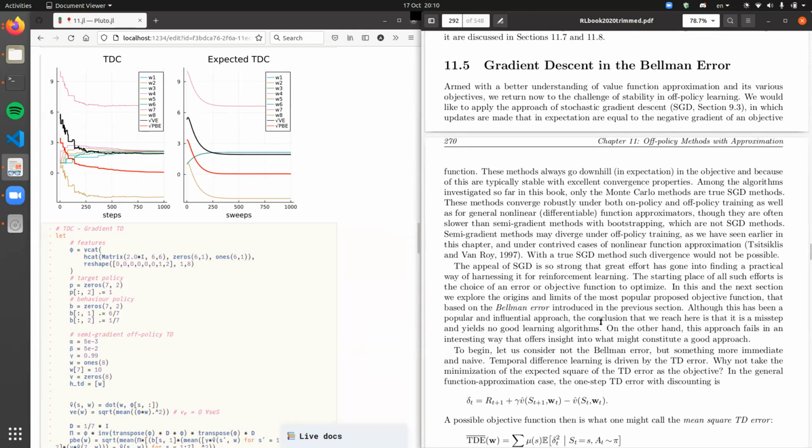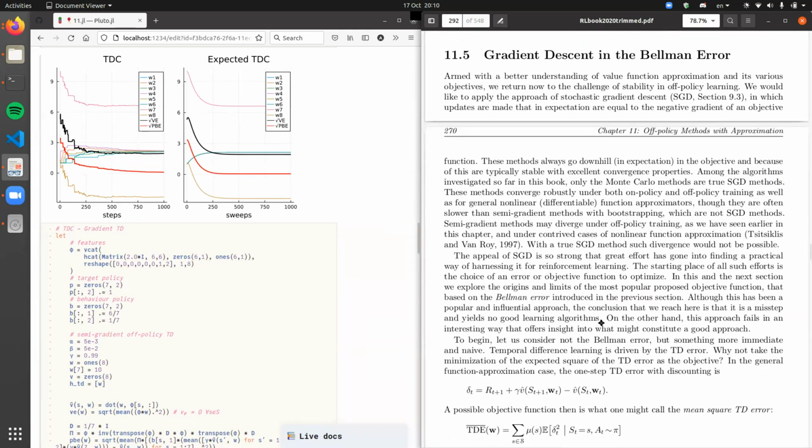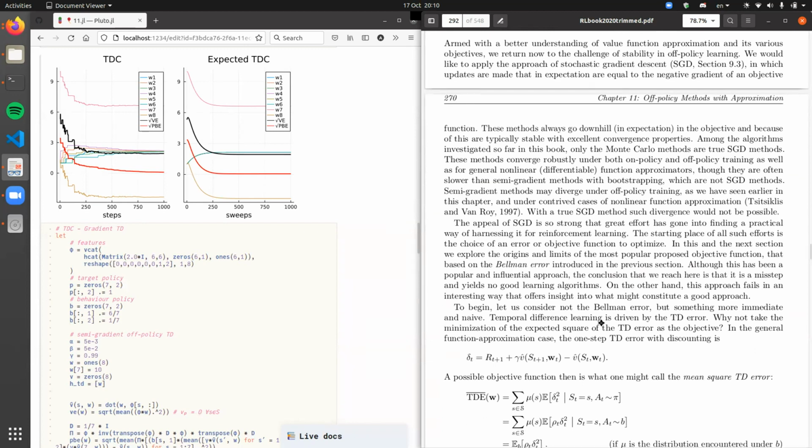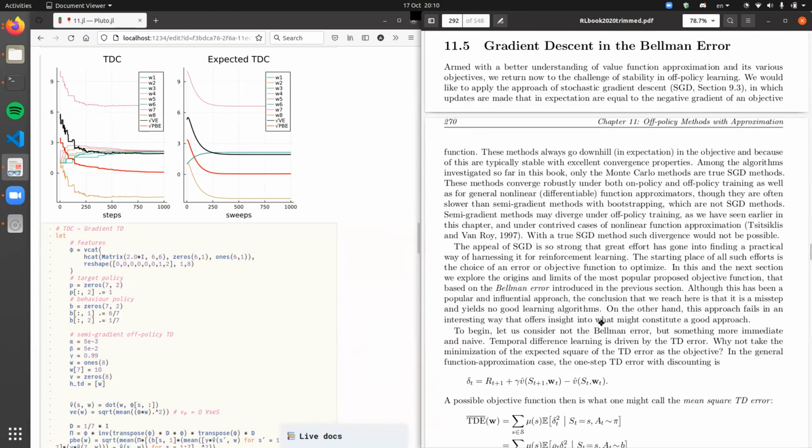First, let's have a look at what might seem like the most evident solution: gradient descent in Bellman error. As you remember, the problems come from the fact that with the algorithms we considered before, we are not doing a true gradient descent, but a semi-gradient descent.